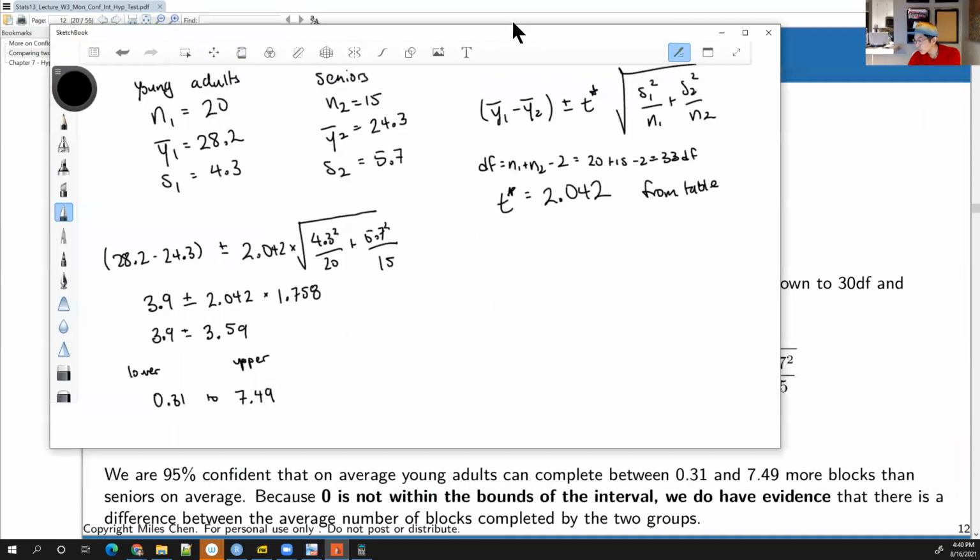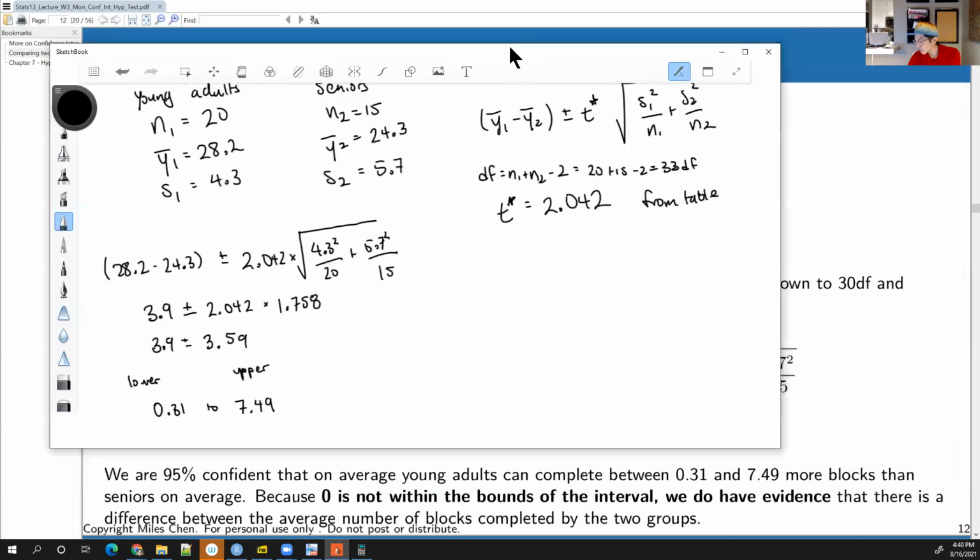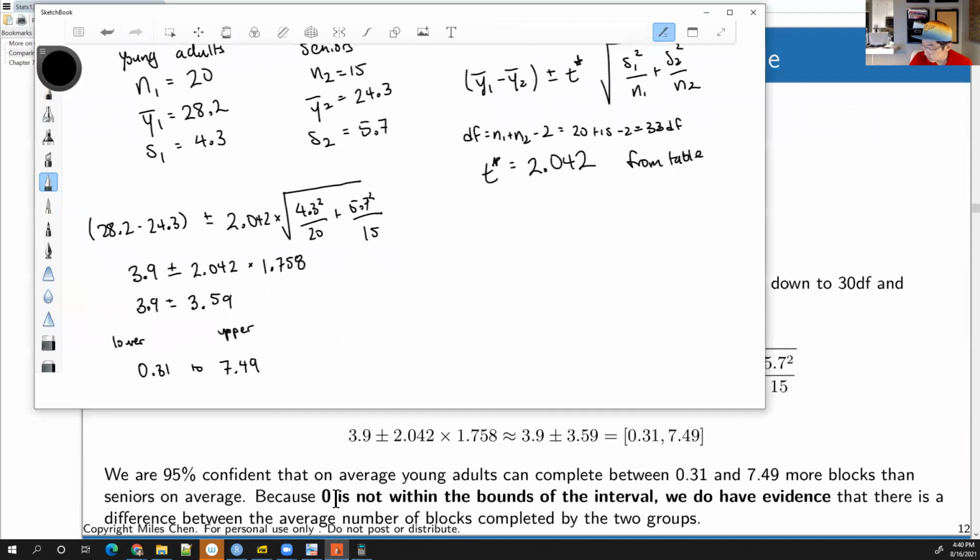Okay, and then our conclusion is we're going to say we are 95% confident that on average young adults can complete between 0.31 and 7.49 more blocks than seniors on average. So the average young adult can complete somewhere between 0.31 and 7.49 more blocks than the average senior.